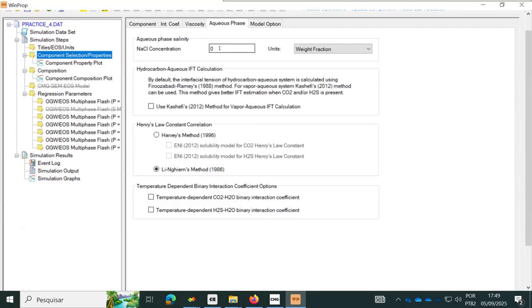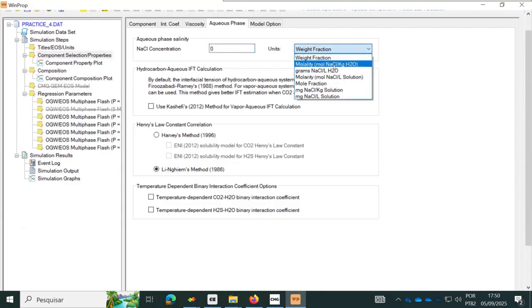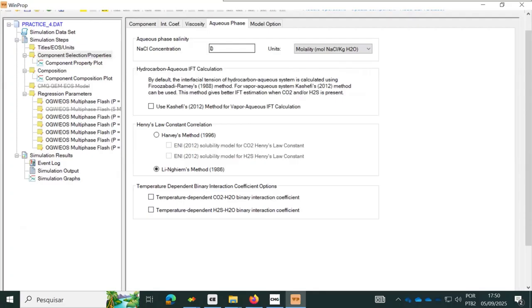Yes and no. You can use the salinity here if you want to rely on the default parameters. For example, I can put here moles per kilogram of water is 1.